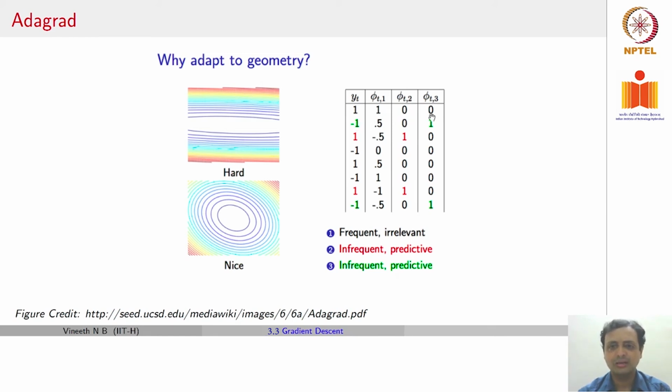So it looks like this particular parameter changes only once in a while, but when it changes, it makes an impact on the final decision. So this is a scenario that says that even if the gradient is small, but if it happens only once in a while, let's give more weight to changes in those directions, in those weights. And that's what this algorithm does.